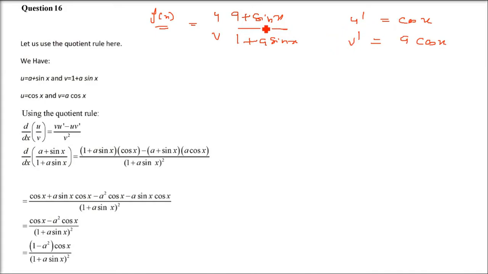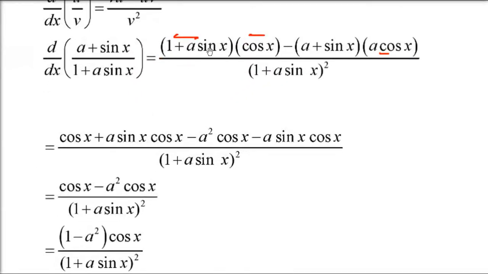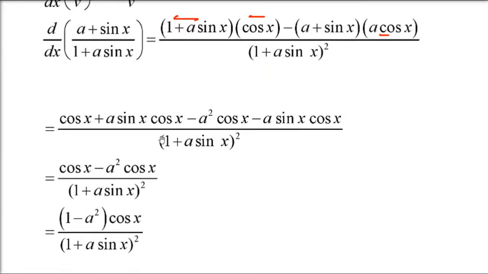Now cross multiply, that is vu dash and uv dash, and then subtract them. So these two multiplications, 1 plus a sin x and cos x, and a cos x and a plus sin x, you have to multiply with a subtraction sign in between. Now I want you to multiply each and everything. 1 plus a sin x whole square, v square will always be there. I hope you will be multiplying each and every term.